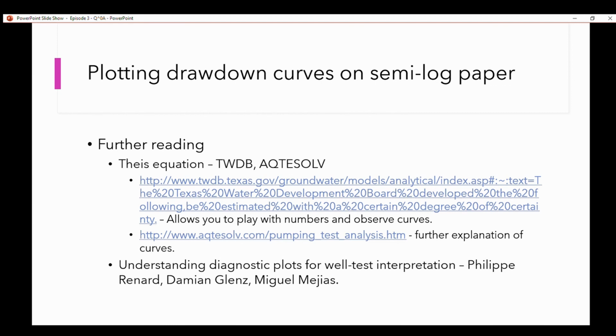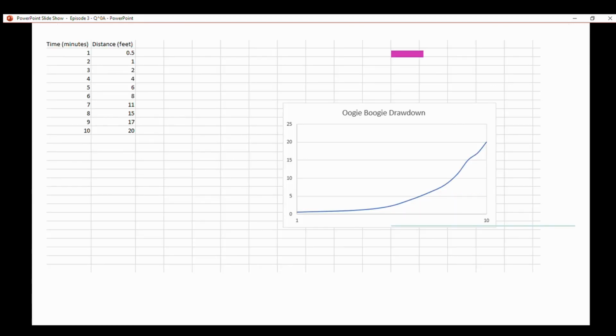To me, the best way to practice drawdown curves is to make your own in Excel. I don't have semi-log paper, but you can do your own in Excel. Just make up numbers and try to understand how these curves change. As you practice, you can start plotting on the paper as you come to an understanding of how Excel is doing it for you.